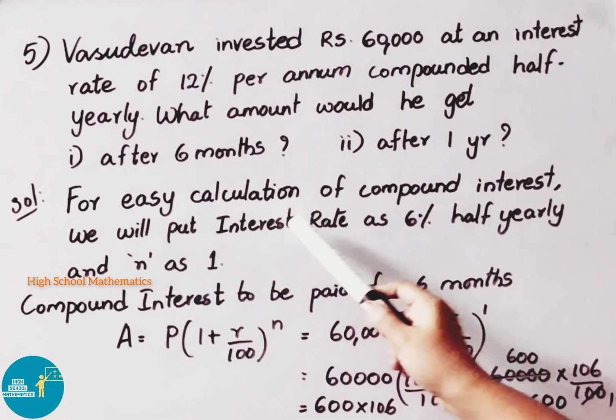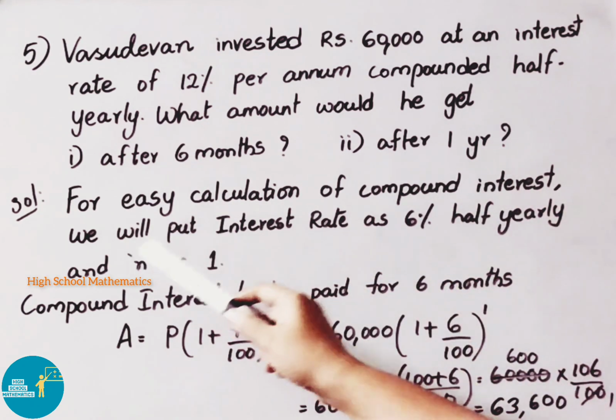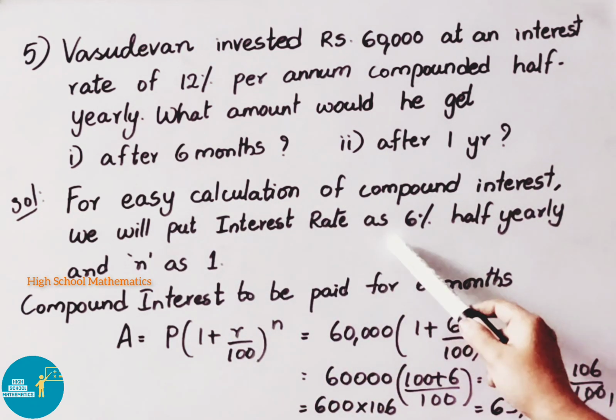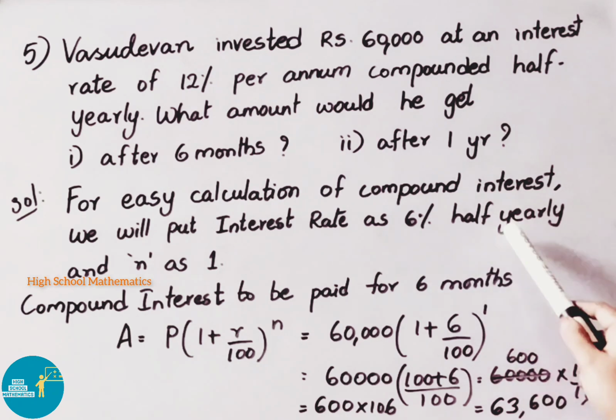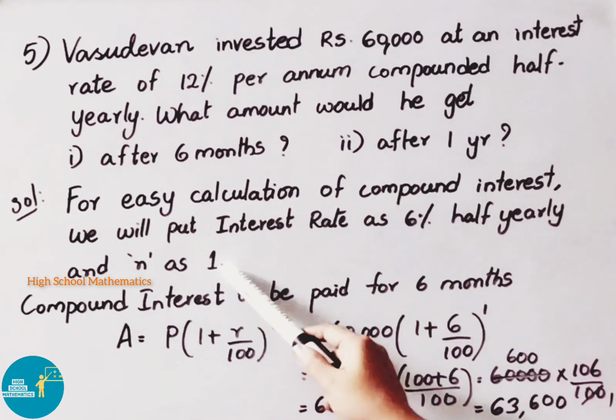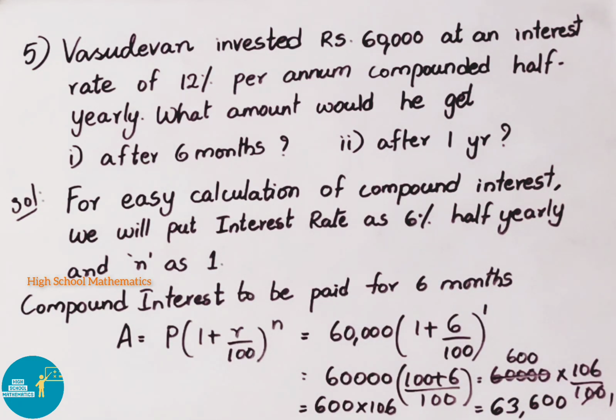For easy calculation of compound interest, we will take the interest rate as 6% half yearly and n value as 1. Now the amount to be paid for 6 months will be A equals principal amount P into 1 plus R by 100 whole power n.